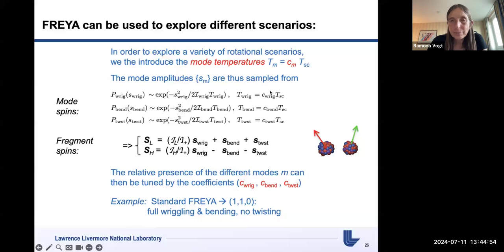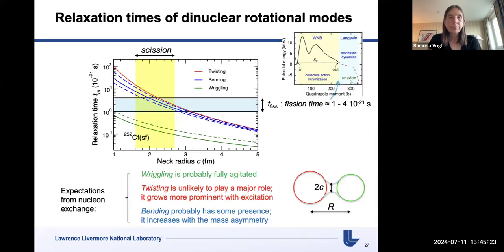Instead of C_M or C_S for a single value, we can write C wriggling, C bending, and C twisting. In the default version of FREYA, we have full wriggling and bending, and we didn't include any twisting to begin with, but we can try to see the effect that it has.